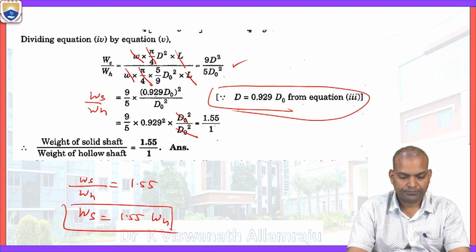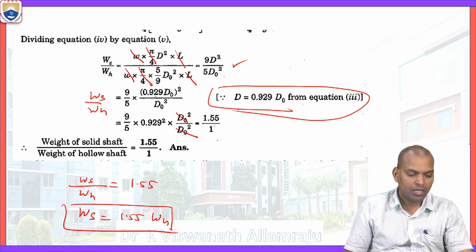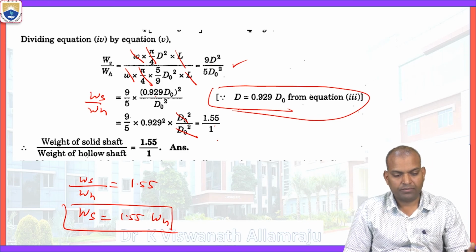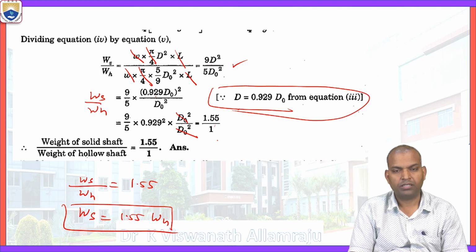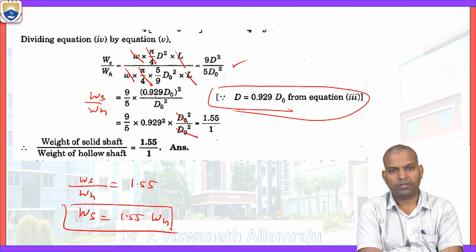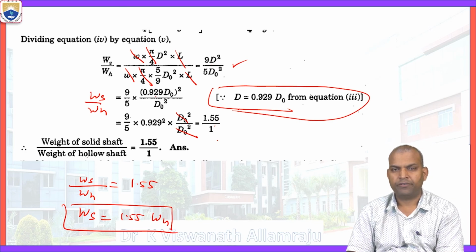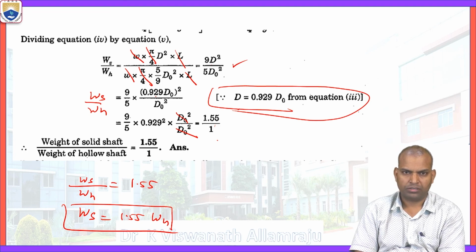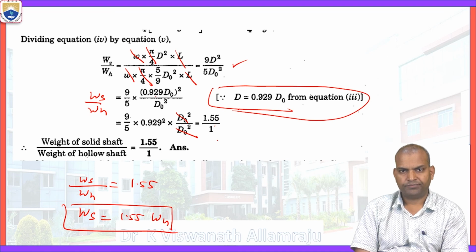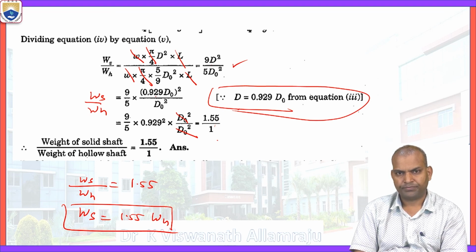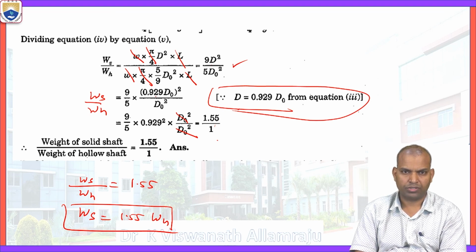Now here, all right. In this session, let me summarize. We solved the problems of maximum torque transmitted by a solid circular shaft. Then we derived a formula of torque of a hollow circular shaft, and we solved a few problems on hollow circular shaft.